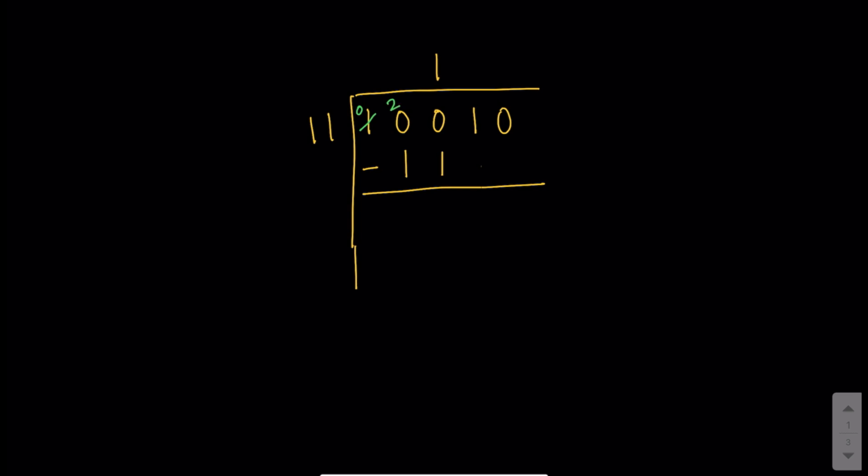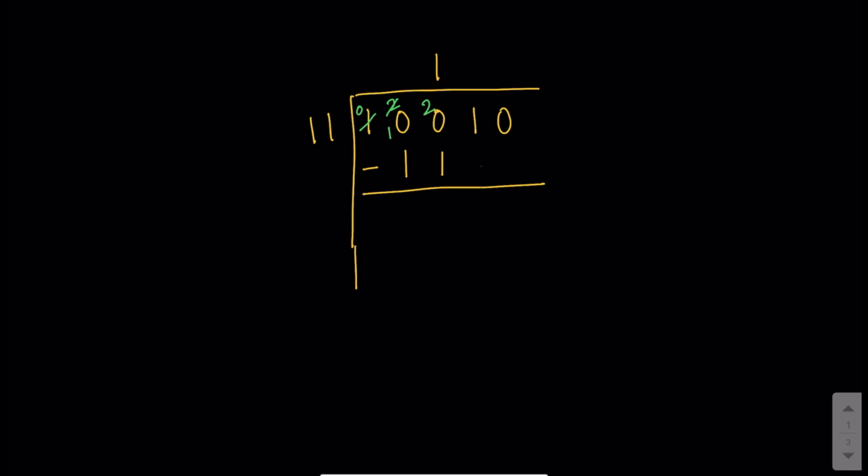Again we will take the first 3 digits into consideration because less than that would not serve our purpose, and the first digit of the quotient would be 1. So we'll get a 1 over here, and then we'll perform binary subtraction. In the subtraction process, we need the borrows. So we go to this place and we get a borrow 2. Next we will cancel this, make it 1, and finally we get a borrow over here.